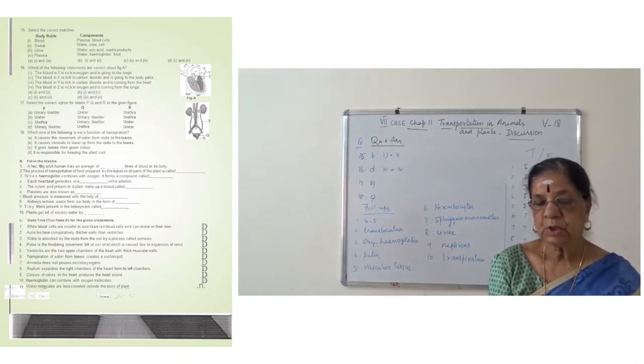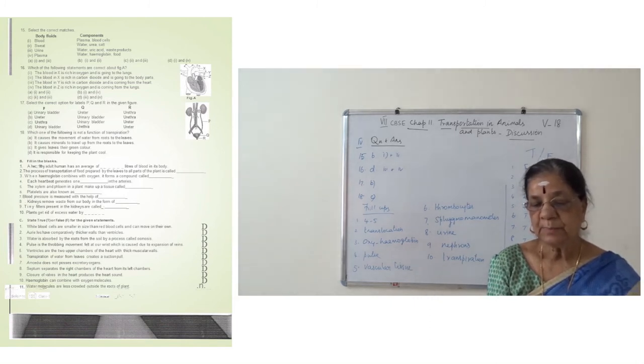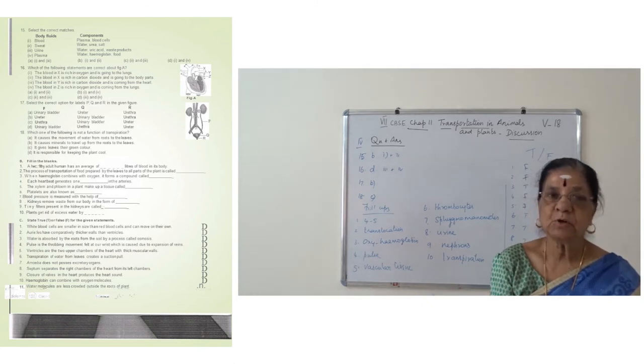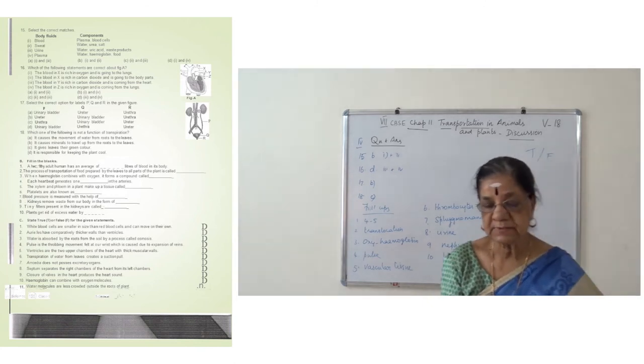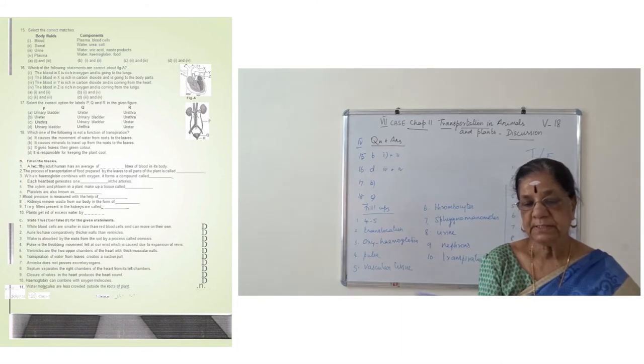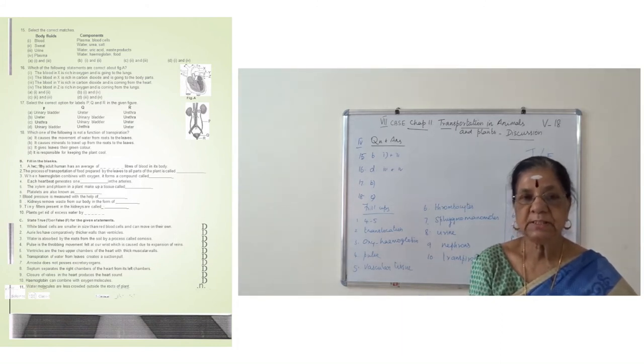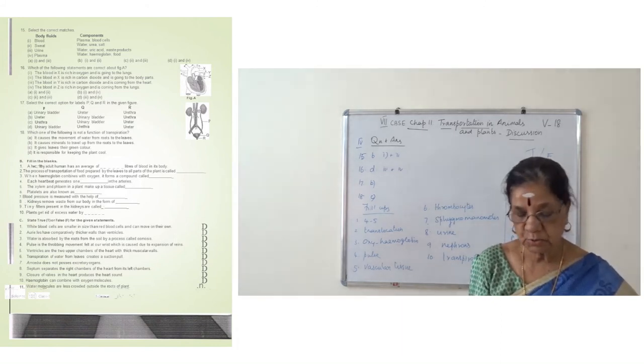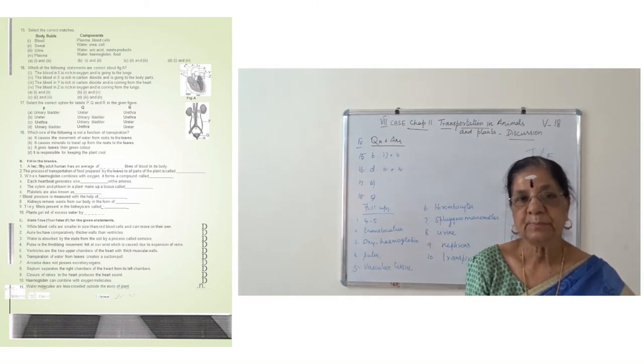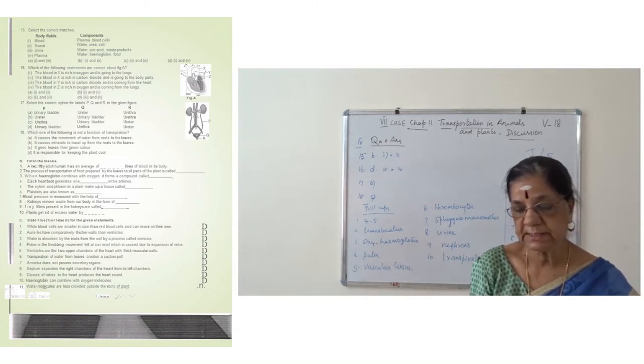It causes movement of water from roots to the leaves, causes minerals to travel up from the roots to the leaves, and it is responsible for keeping the plant cool. The answer is C option. It gives leaves their green color. No, chloroplast with the pigment chlorophyll gives green color.